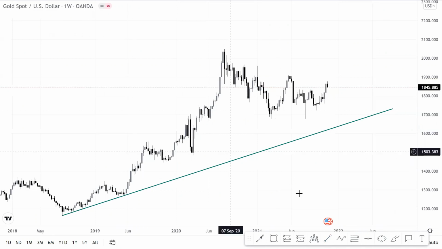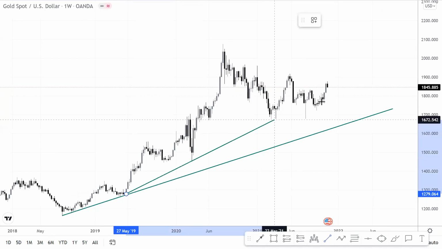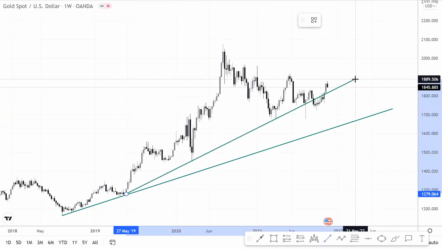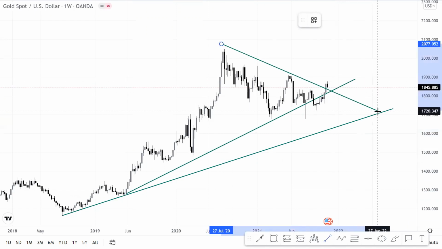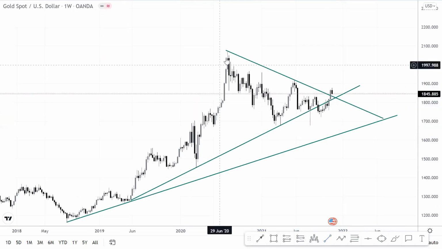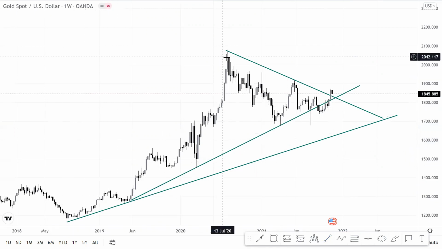Where is the market going? Where is the market facing? When you trade in that direction, you find that it's a lot easier than trying to trade in the opposite direction. Now, I hope you can see this upward movement.